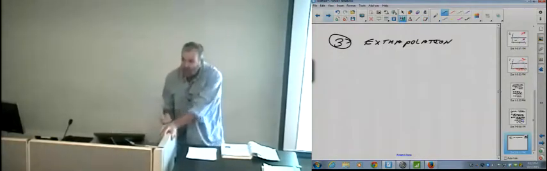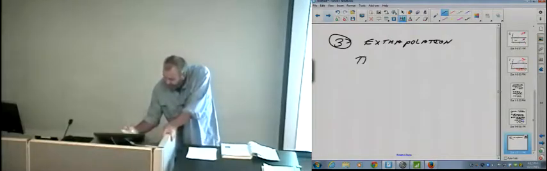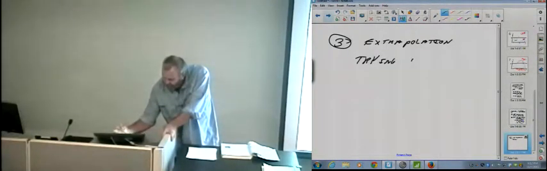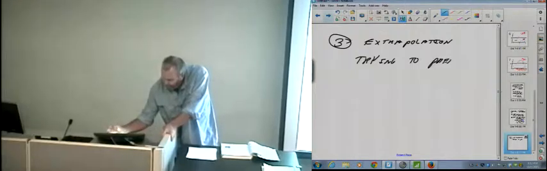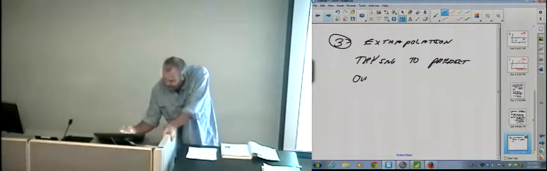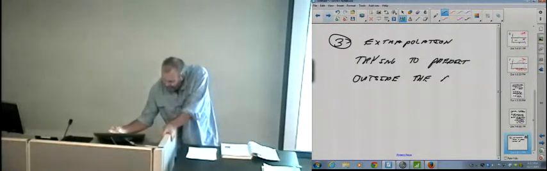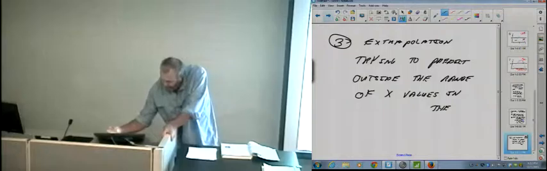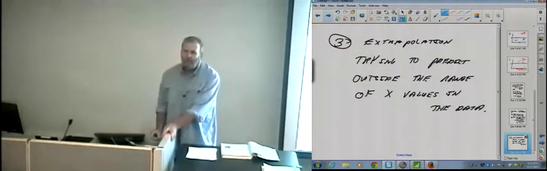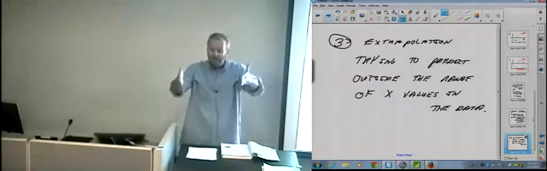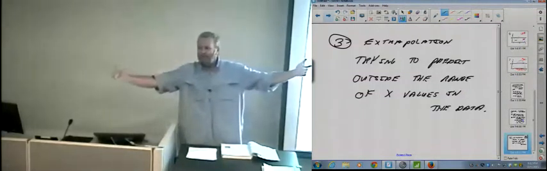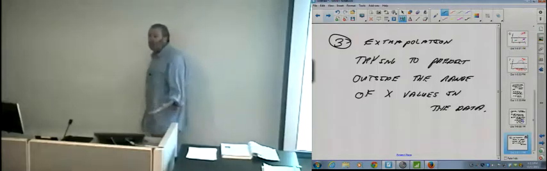In English, that means trying to predict outside the range of X values in the data. Now, I screamed at you about this last week, that you don't want to do this. You're looking at the scatter plot, right? And you have this range of X values. We don't go outside of that. That's extrapolating. That will get you in trouble.